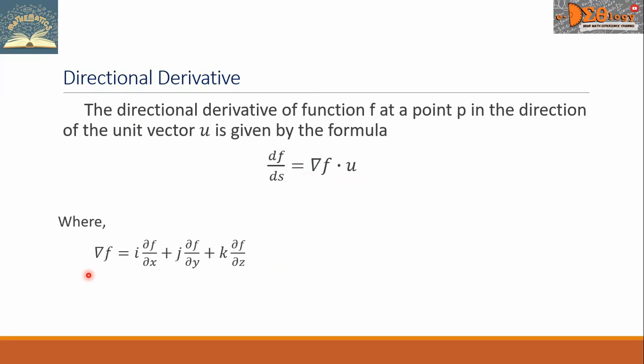Remember that grad f equals i times partial derivative of f with respect to x plus j times partial derivative of f with respect to y plus k times partial derivative of f with respect to z. For the u, this is equal to the vector v all over the length of v. This is the working formula.